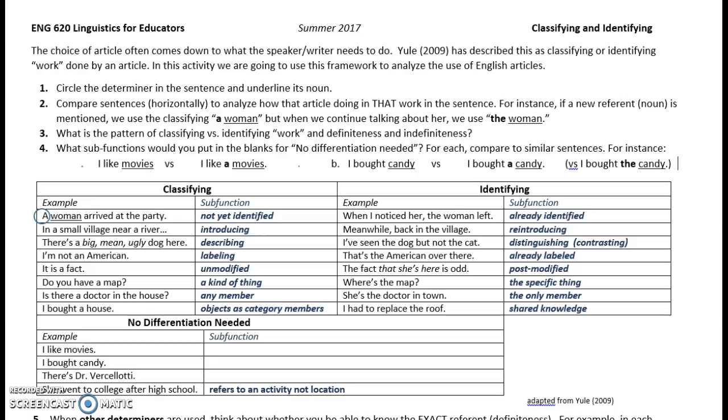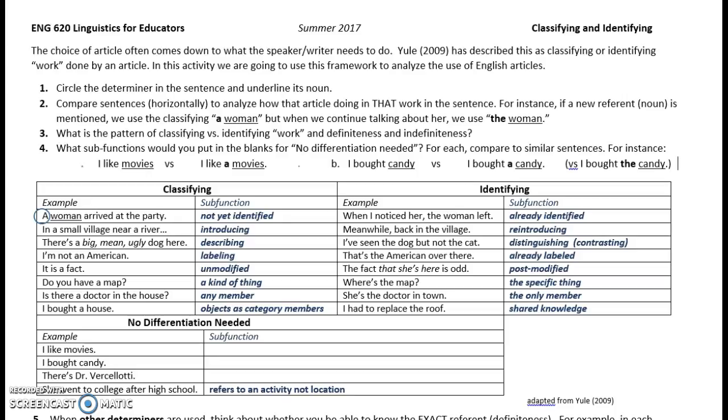I recommend that we take the time to actually circle the determiner and underline its noun. But the more important work that we're going to do in the screencast is compare the sentence horizontally to analyze how that article is doing the subfunction work in this sentence. So let's look at this first example.